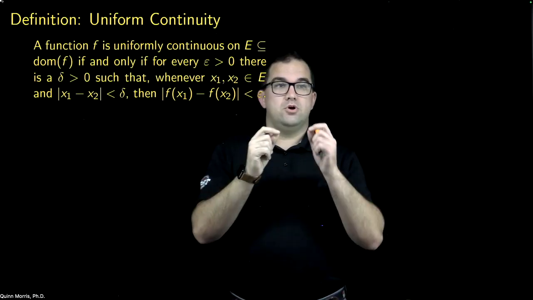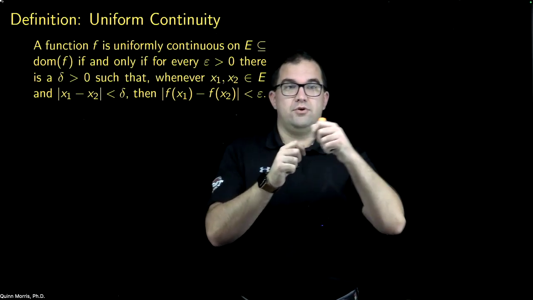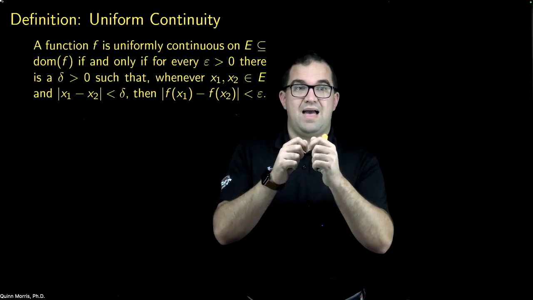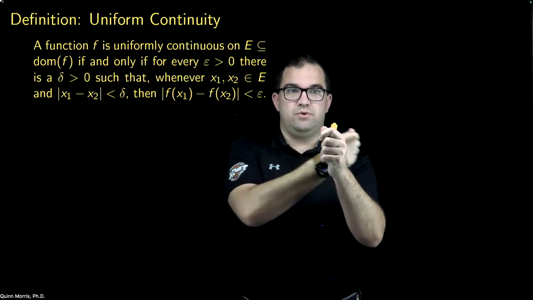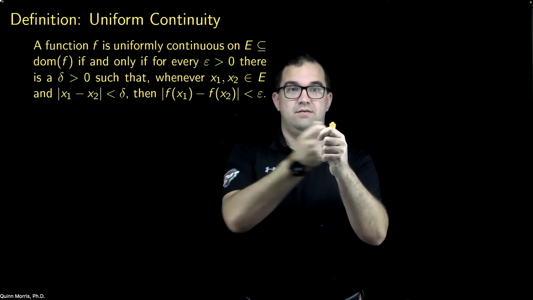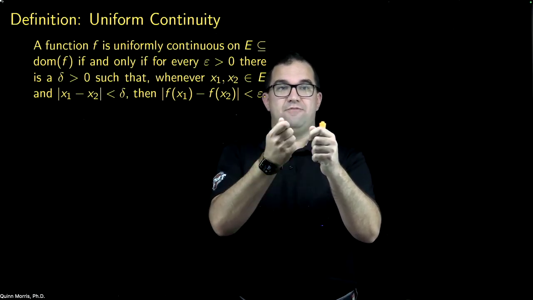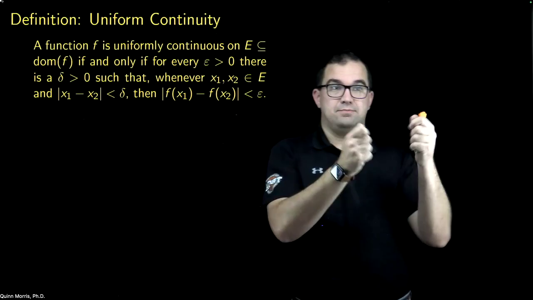Before, for every epsilon, you were trying to pick a delta such that for some a that had previously been fixed, whenever your x was within delta of a, then f of x minus f of a would be within epsilon of each other.